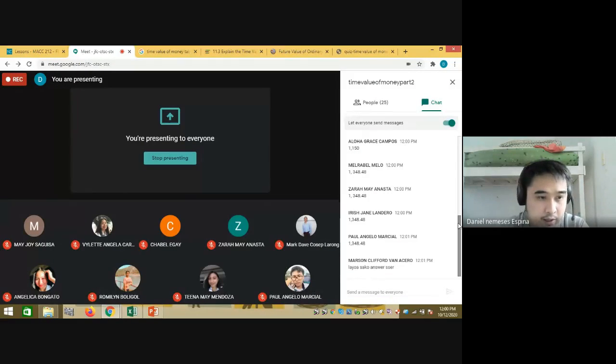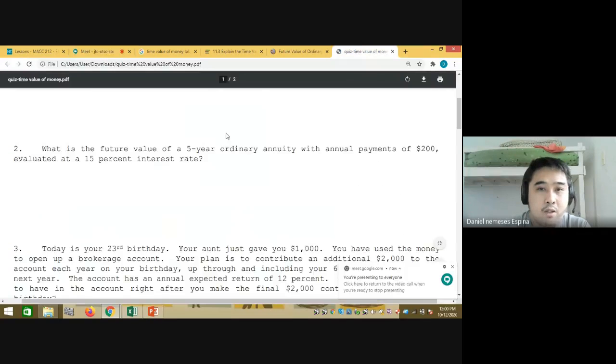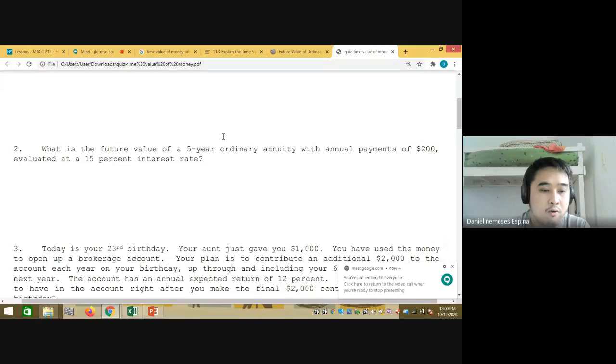So we'll use the financial calculator to verify or to know the answer. It's stated there that it's a 5-year ordinary annuity. So ordinary annuity, payments at the end of the period. So we use the FV ordinary annuity formula.